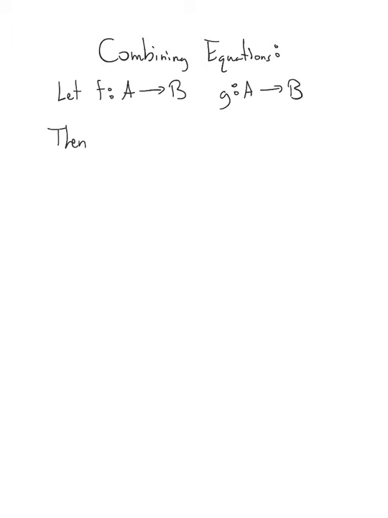I can make a function, and we'll do an example after I show you the notation. I can add functions together, and all I'm going to do there is add the result from both functions.